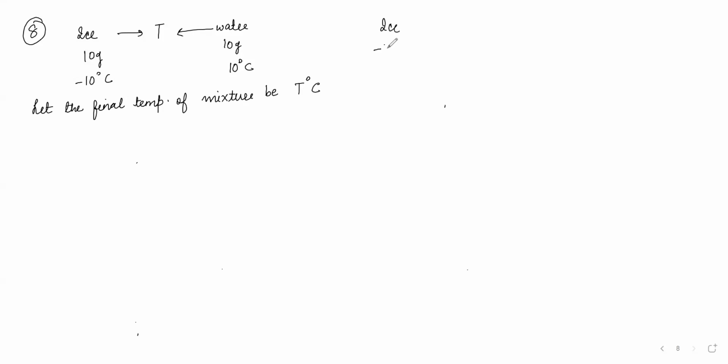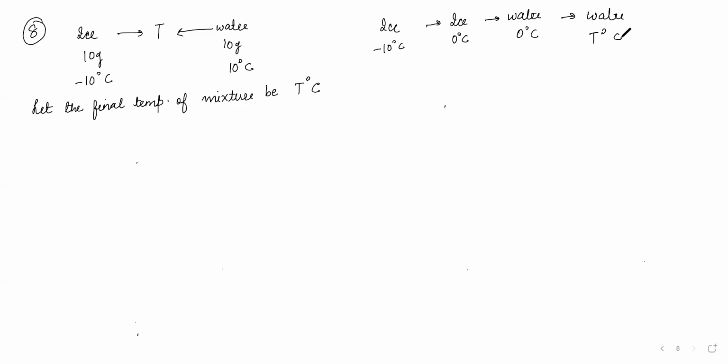First, ice at -10 degrees to ice at 0 degrees Celsius, and then ice to water at 0 degrees Celsius, and then we will calculate this up to water at T degrees Celsius. So these are the 3 steps that you will be taking.